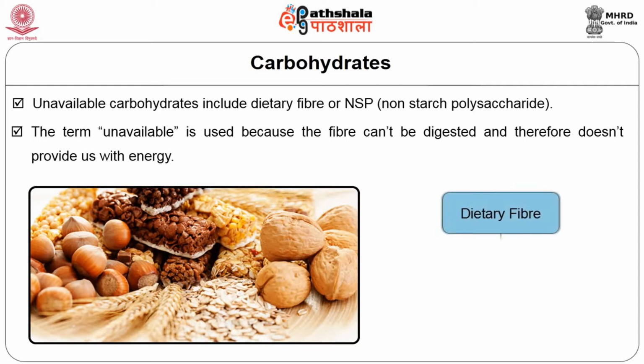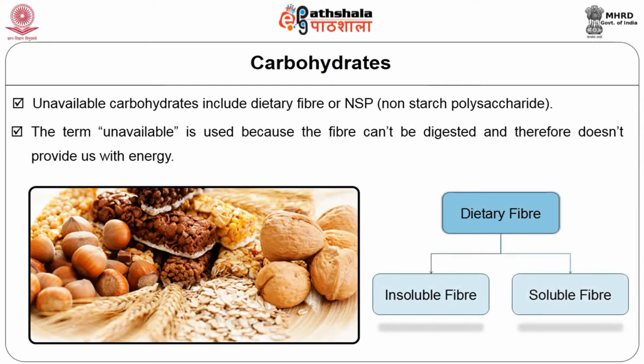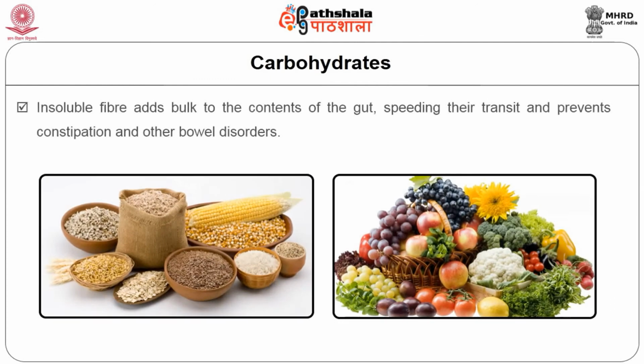Dietary fiber can be divided into two categories: insoluble fiber and soluble fiber. Insoluble fiber is present in whole grain cereals and grains, and some fruits and vegetables, and adds bulk to the contents of the gut, speeding their transit and preventing constipation and other bowel disorders.